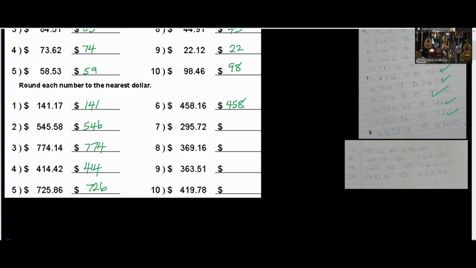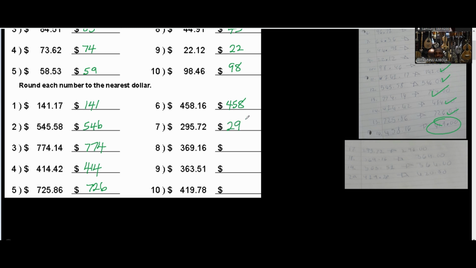Then this is option number 5. Option number 6, you wrote 419 instead of 458. It should be 458, right?